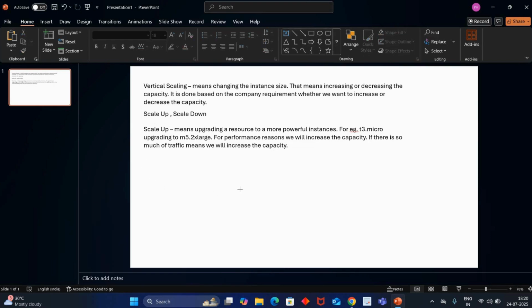Now, scale down. In the word itself, decreasing the capacity means scale down. I mentioned earlier, right?